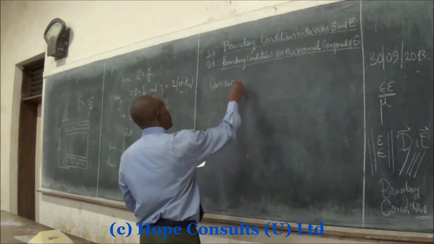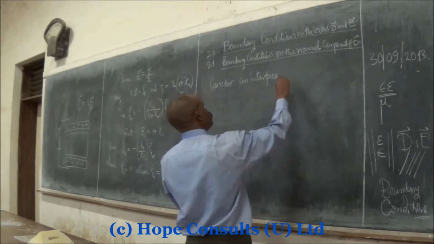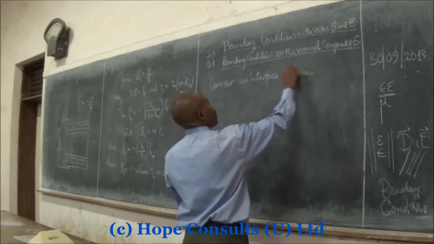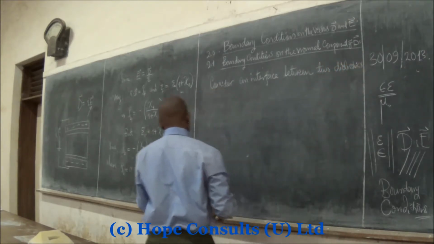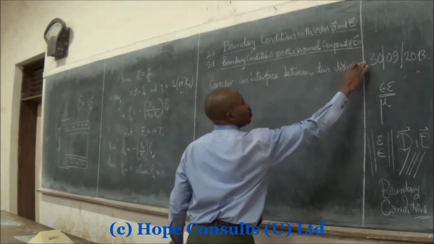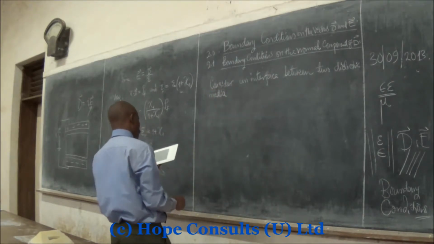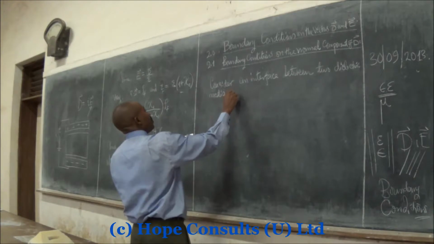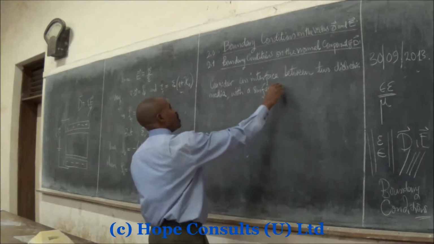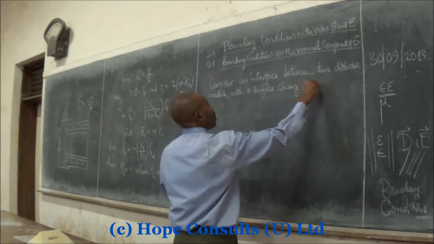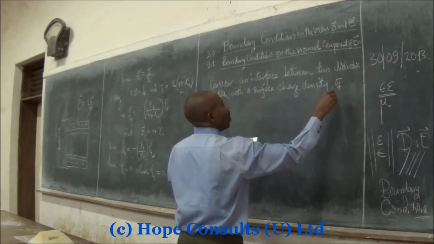So consider an interface between two dielectrics, or we can say between two dielectric media, where media is plural for medium, with a surface charge density rho free on the interface.